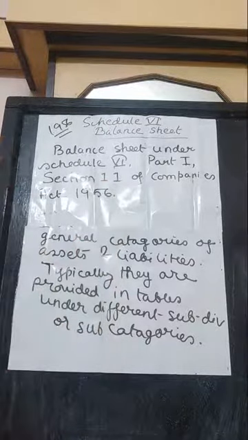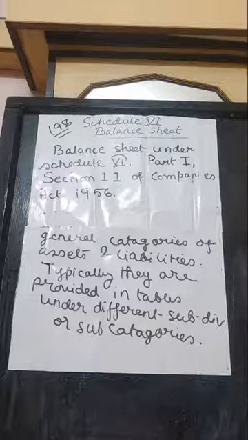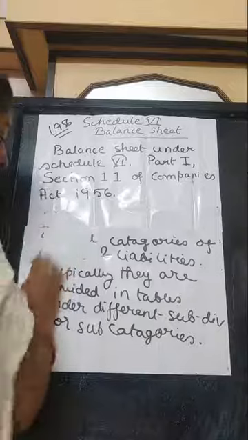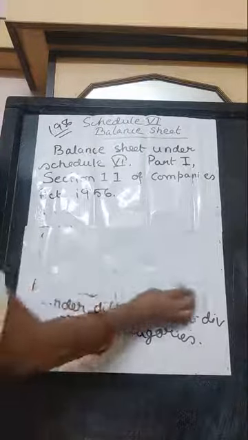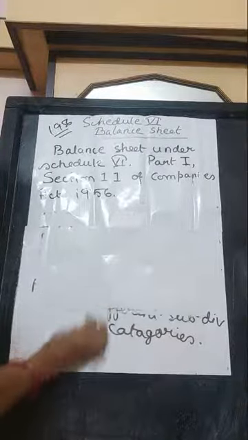This is the heading. This is the heading that you have to give before preparing the balance sheet. Before preparing the format of the balance sheet, this is the heading you have to give, and quote unquote this thing you have to write as a heading.